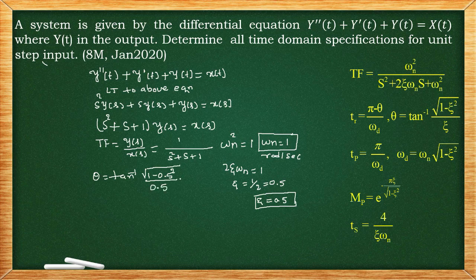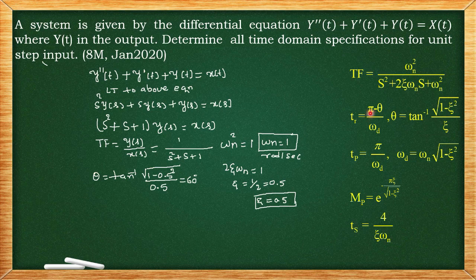The answer for theta is 60 degrees. One point to remember here: theta is calculated in degrees, but the rising time has pi minus theta.